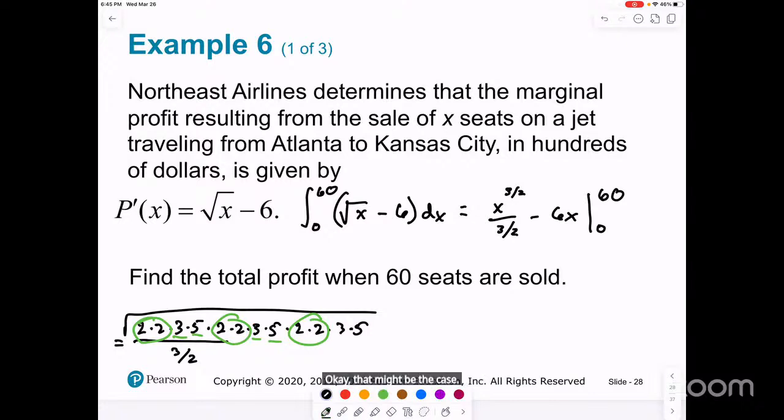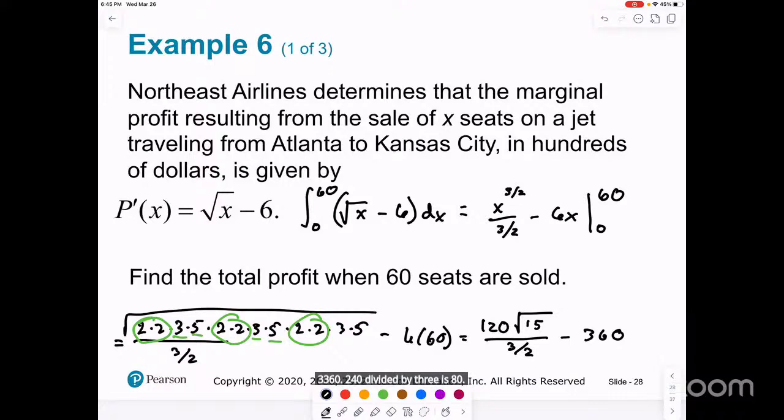Okay, so we got 120 times the square root of 15 over 3 halves. 36 minus 3600. 360. 240 divided by 3 is 80.